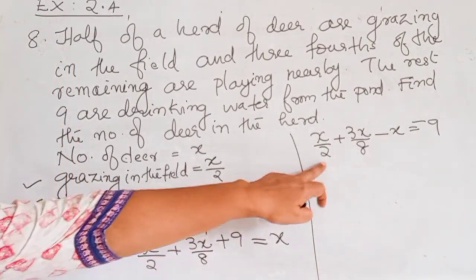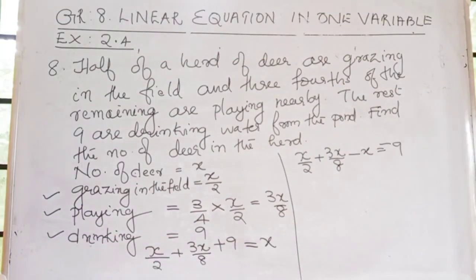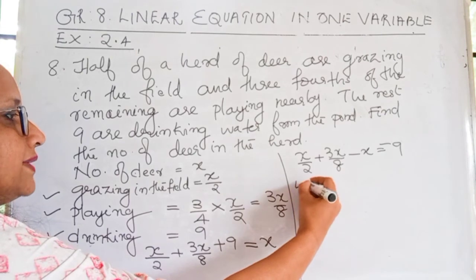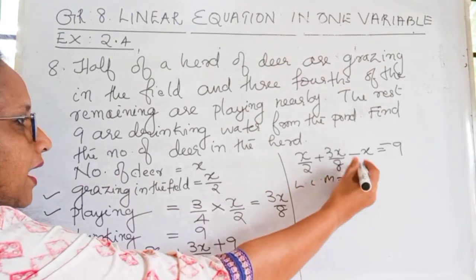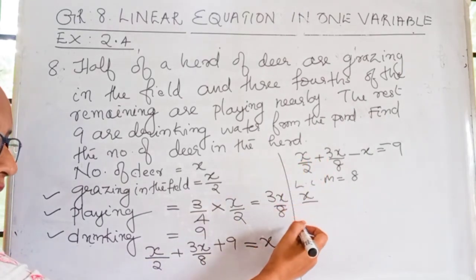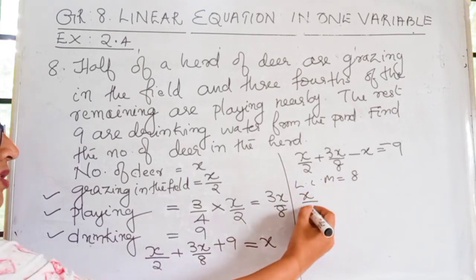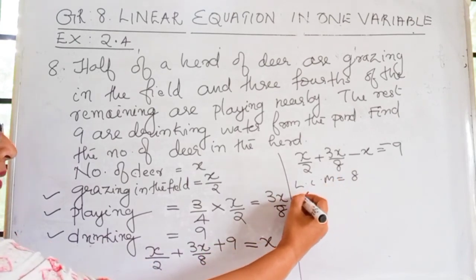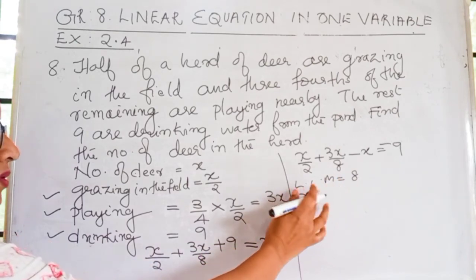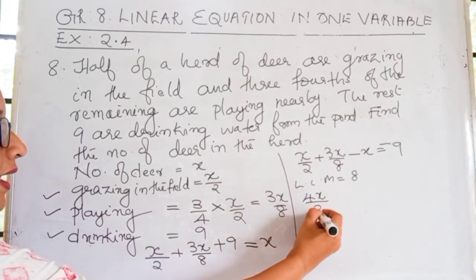So here 2 and 8 are the denominators, and we know the LCM is 8, and we need to bring all the terms in terms of the LCM. That is, here 8 means 2 into 4, so we need to multiply the numerator also with 4. So it becomes 4x by 8.